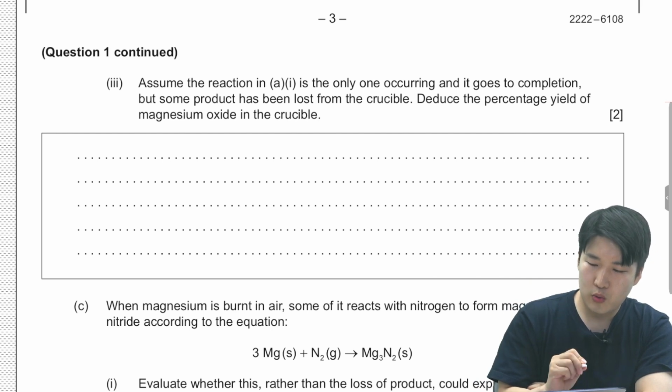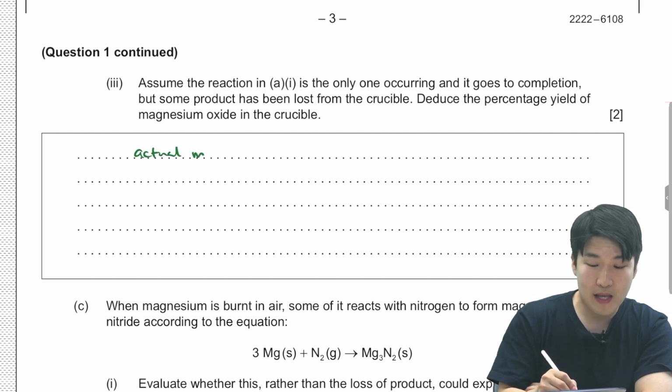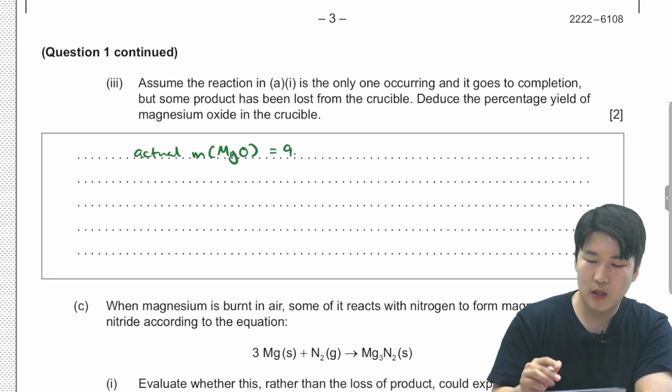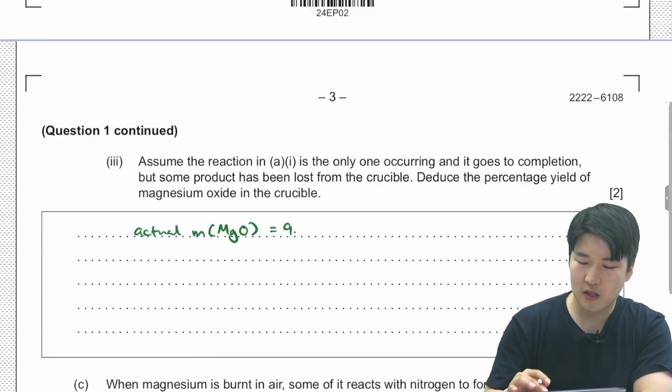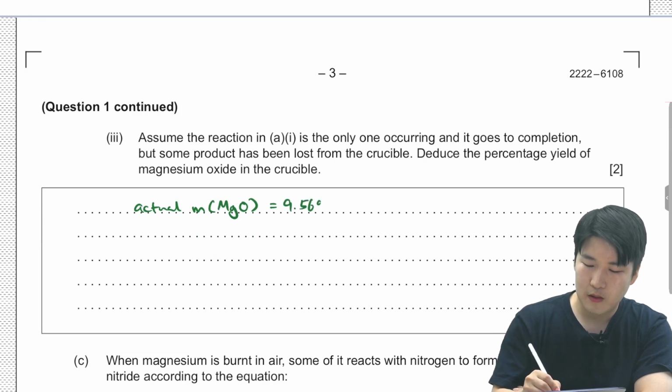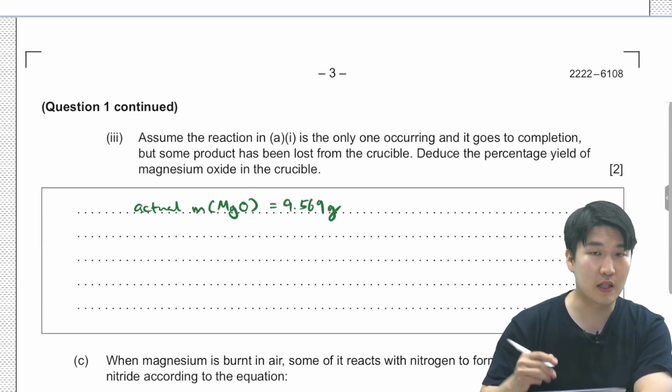The actual value we have, actual mass of magnesium oxide produced is 9.569 grams. That's what we have calculated.